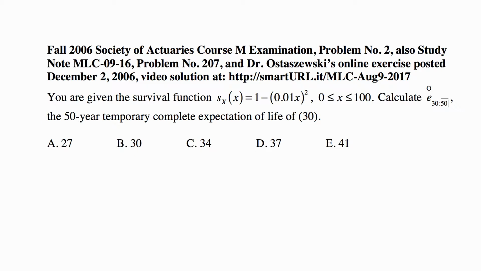The first one is somebody who is 30 years old, and the second one, angle 50, is something that you actually know the meaning of from exam FM. That means something that lives exactly 50 years and then ends. So the whole story here is really counting how long a person will live during the next 50 years on average if that person is 30 years old.